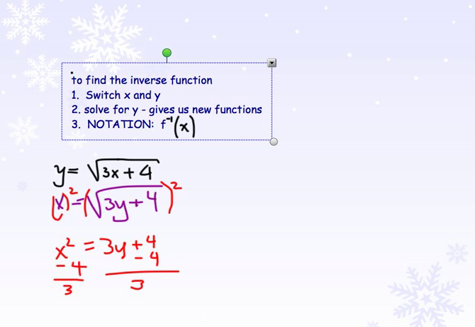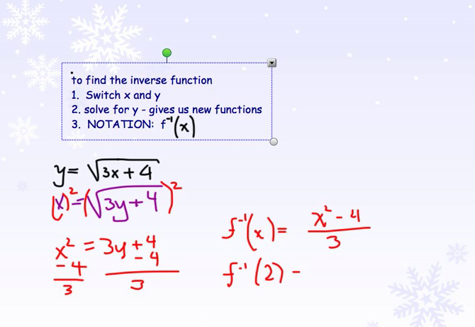So my inverse function is going to be, and I'm going to use the inverse function notation, f negative 1 of x is going to equal x squared minus 4 on the numerator, and then dividing by 3 on the denominator. Right? If I take this one step further and ask you, find the inverse of 2, for example.